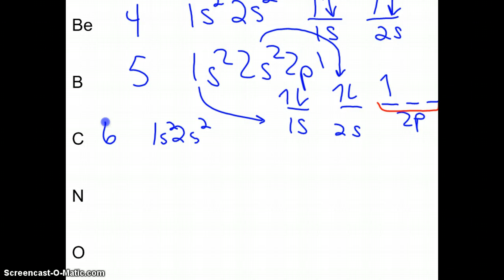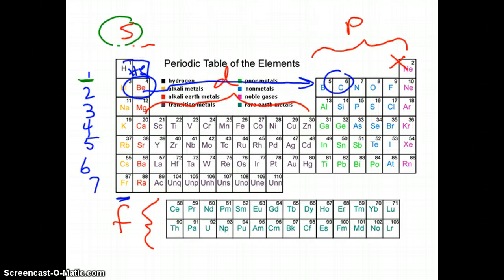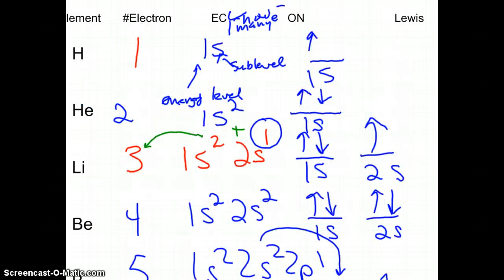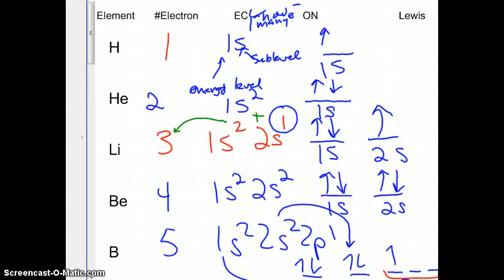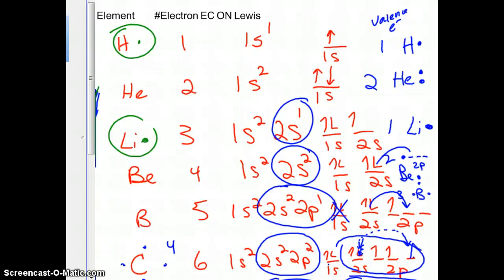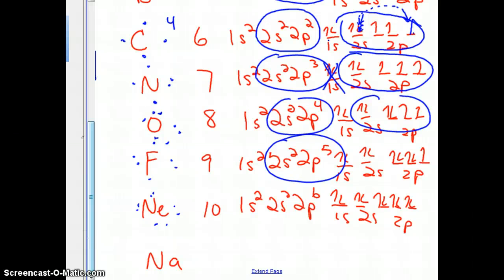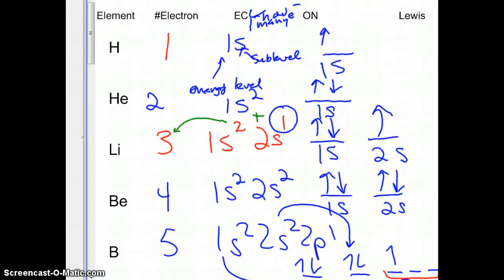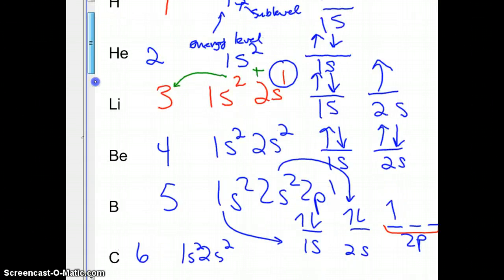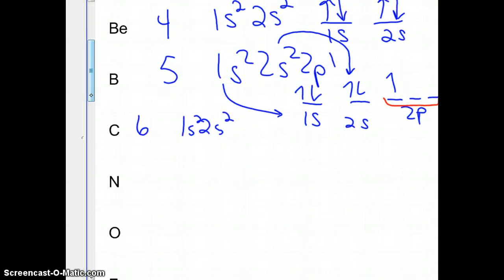And now the next 2 electrons, let's go back to my periodic table, are in the 2p block. So I go p1, p2. Okay, so it is 1s2, 2s2, 2p2.